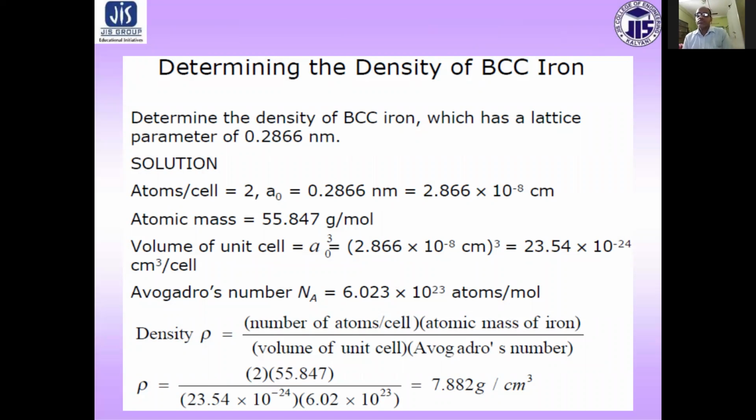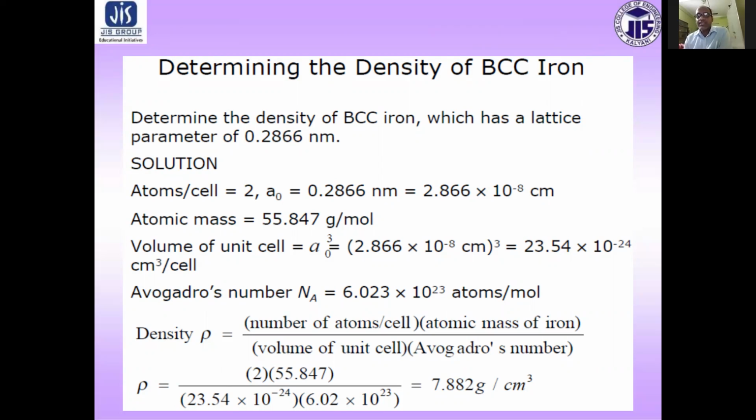So now we need to calculate the density of BCC iron. The question is to determine the density of BCC iron, which has a lattice parameter of 0.2866 nanometer. Solution: atoms per cell, as we know from the earlier discussion, for a BCC structure is equal to 2.